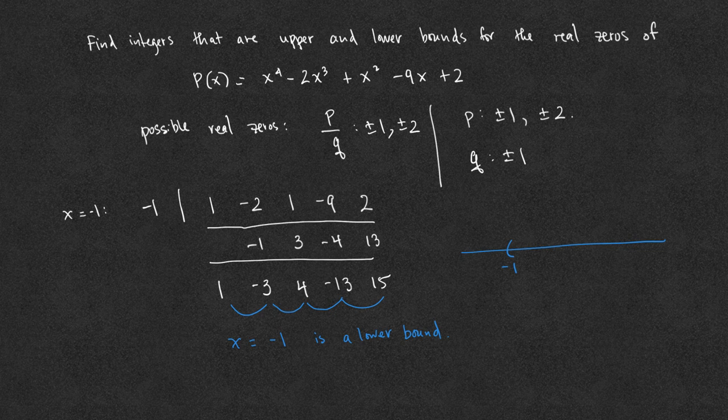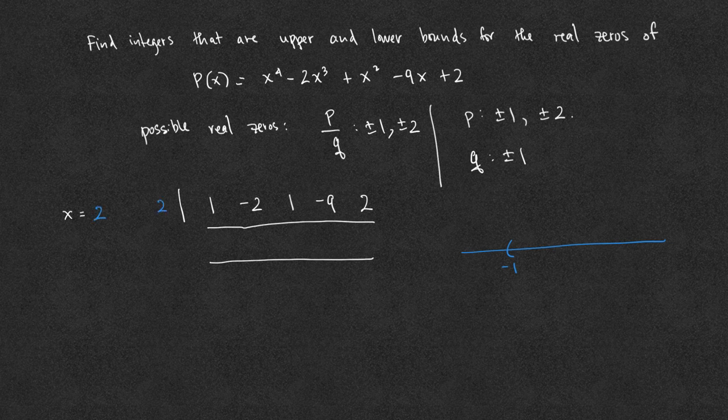We will now check to see if x equals 2 is a zero. Again, we do not need to check x equals -2 because -2 is less than -1, and -1 is already a lower bound. Perform synthetic division on k equals 2.